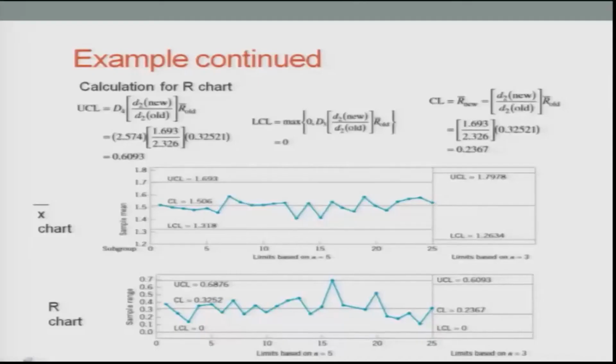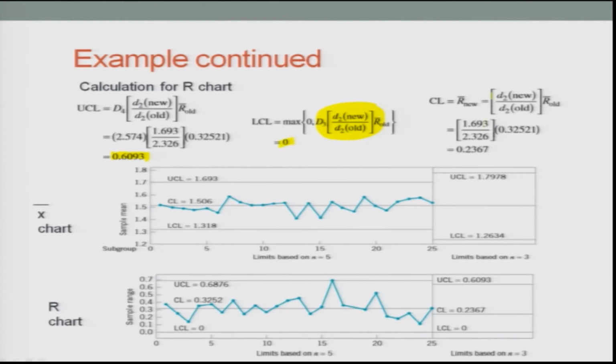Again, when we consider the upper control and the lower control for the R charts, I am highlighting using the yellow color. The upper control limit becomes about 0.6093, and the lower control limit is the maximum of 0 and this value. If you note down this value, which I am highlighting here, it is negative, and since it is the maximum between 0 and that value, it is 0.